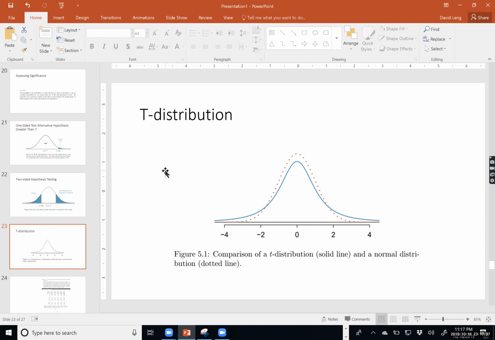And we use a t-distribution for a couple of reasons. One of which is often we don't know the true population variance. So we actually have to use a sample estimate of the population variance, because we have to rely on our own sampling method.